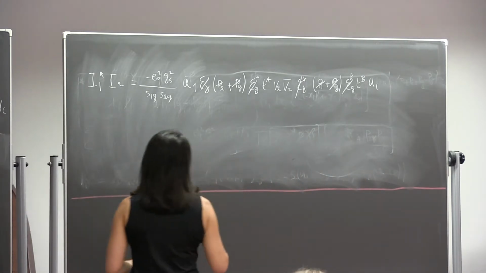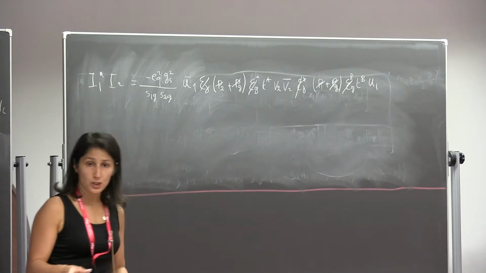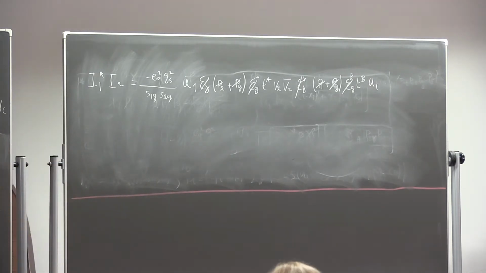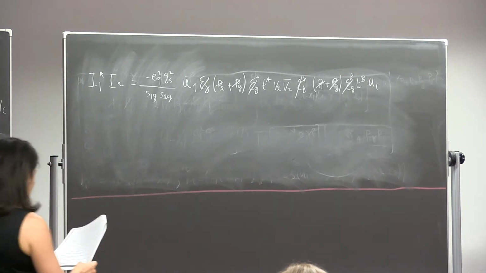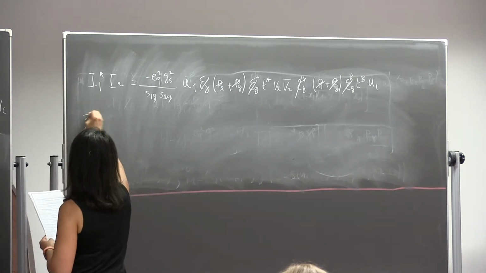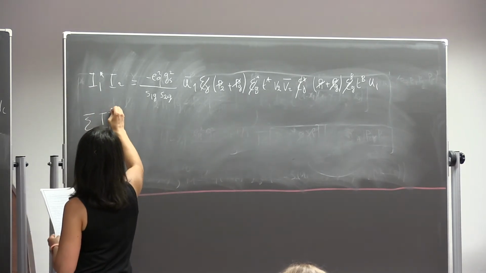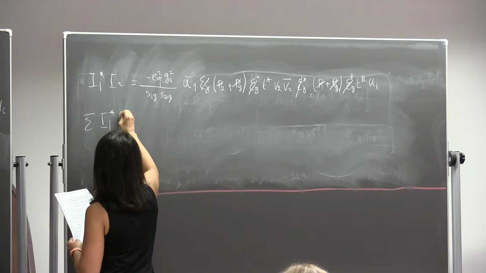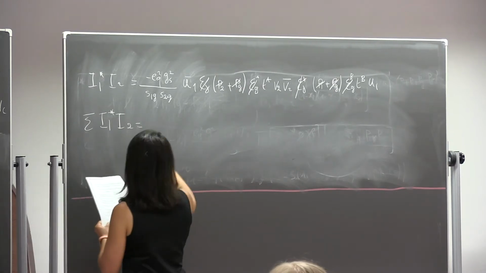And so by now you're familiar with what we should do. You have the spinor relations, you have to do the usual summing and averaging and so on, and that will give you this.